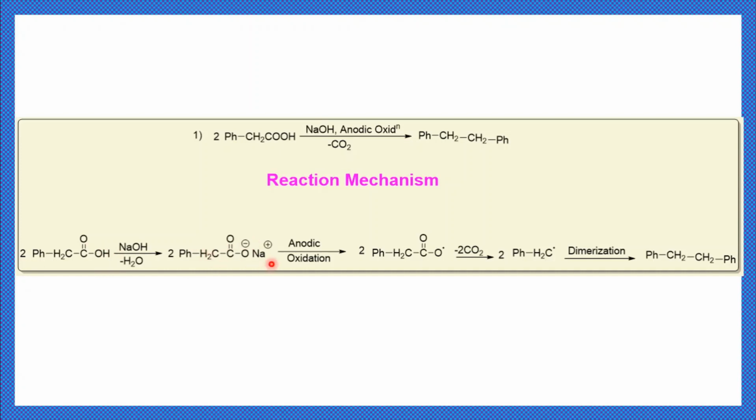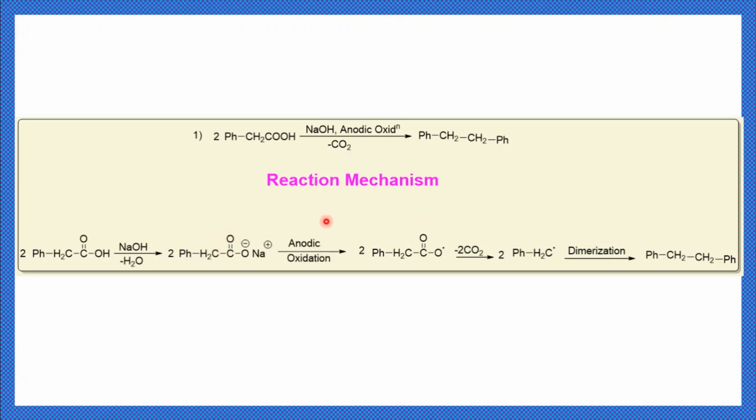Then the anodic oxidation reaction takes place. Now this oxygen has 6 electrons. Oxidation means it loses an electron. It loses 1 electron by anodic oxidation.